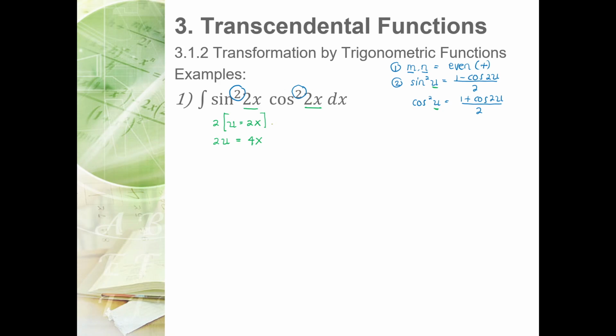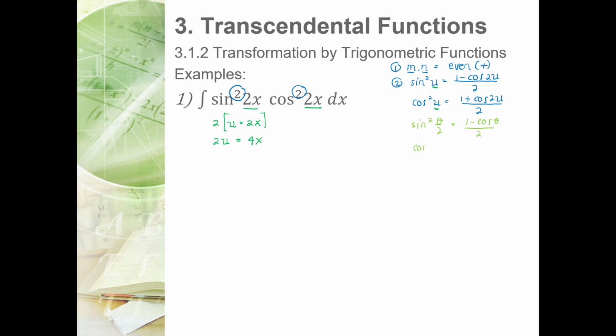In the theta parameter, sine squared theta over 2 is equal to 1 minus cosine theta over 2.